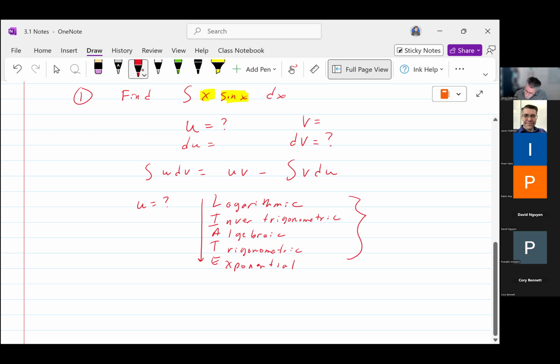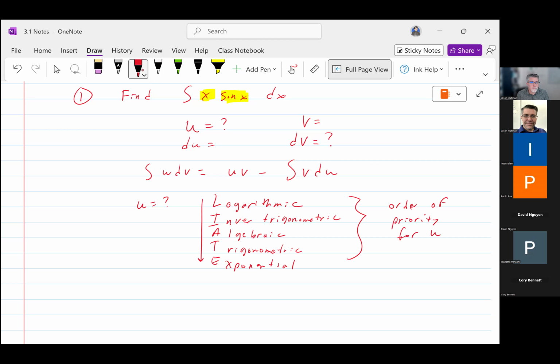Again, this is the order of priority that we want to take for u. So we just remember LIATE: logarithmic, inverse trigonometric, algebraic, trigonometric, and exponential. Okay, so that's how I want to take it.